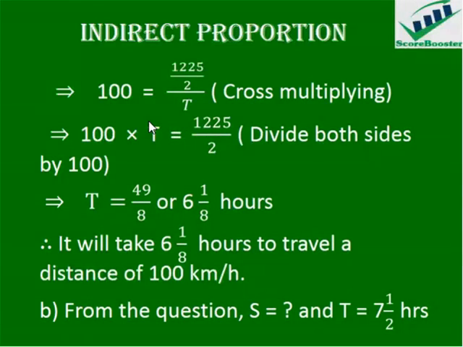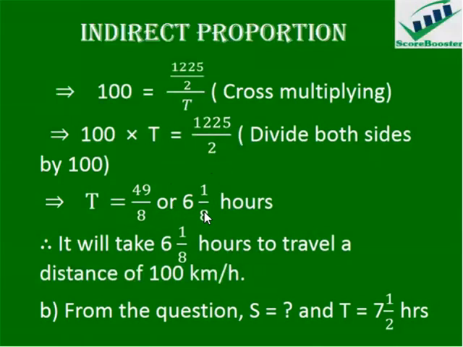So for us to obtain the value of t alone, we divide both sides by 100. So we divide this by 100, we are left with t. And if we divide this by 100, we have 1225 over 2 divided by 100, which will be 1225 over 2 multiplied by 1 over 100, which will be 1225 over 200, and that is going to give us 49 over 8.